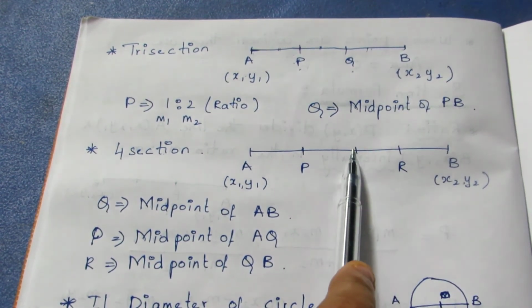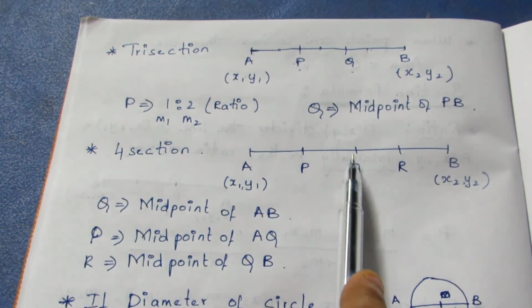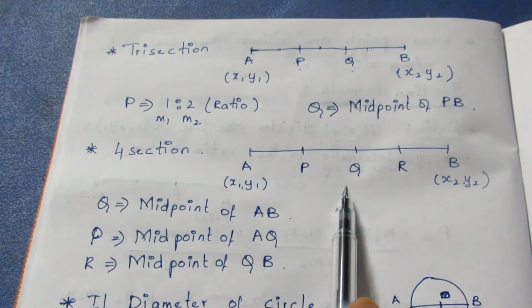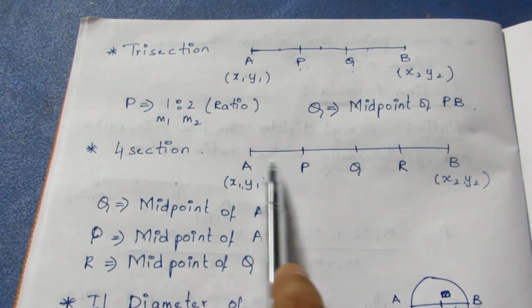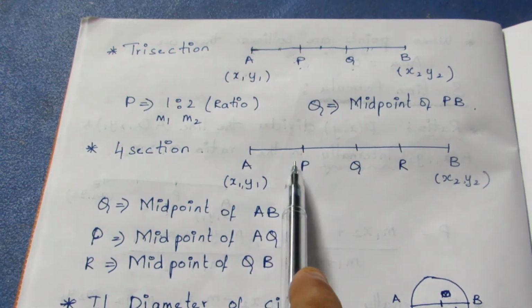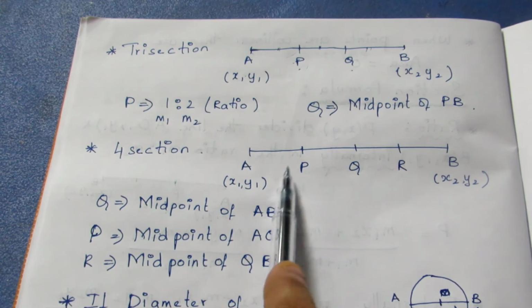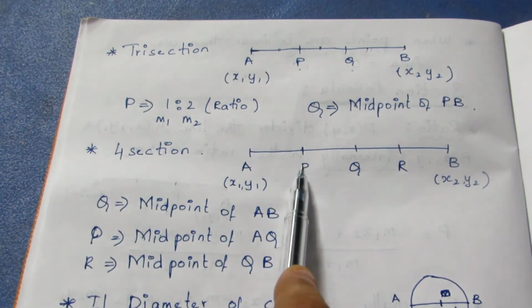And if we found Q first, we know that P lies between A and Q. So if we use the midpoint of A and Q, we can easily find P instead of using the ratio.